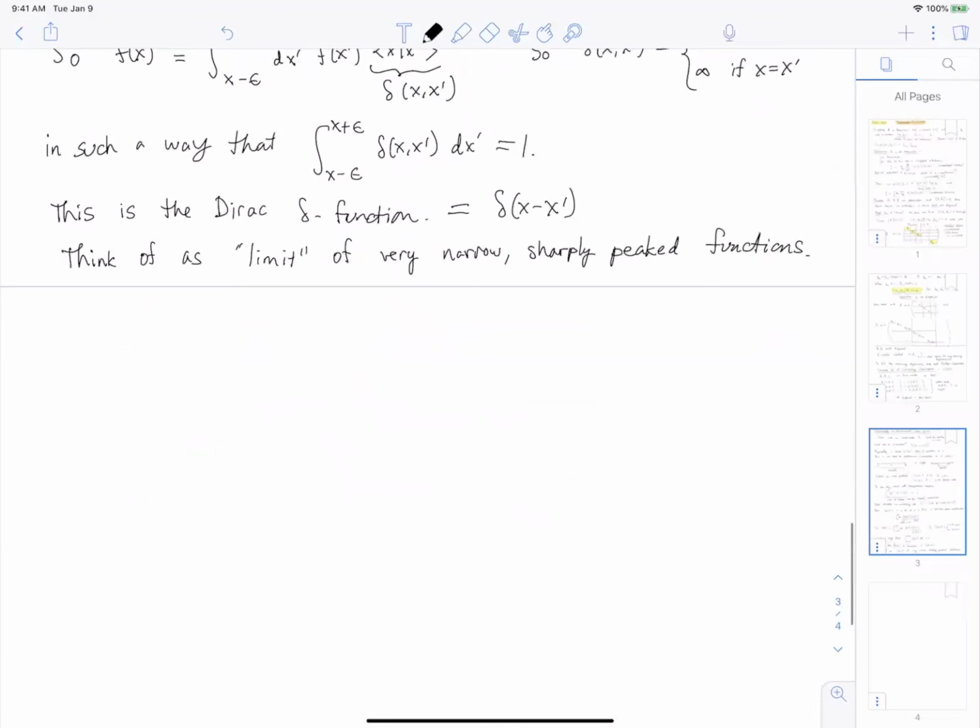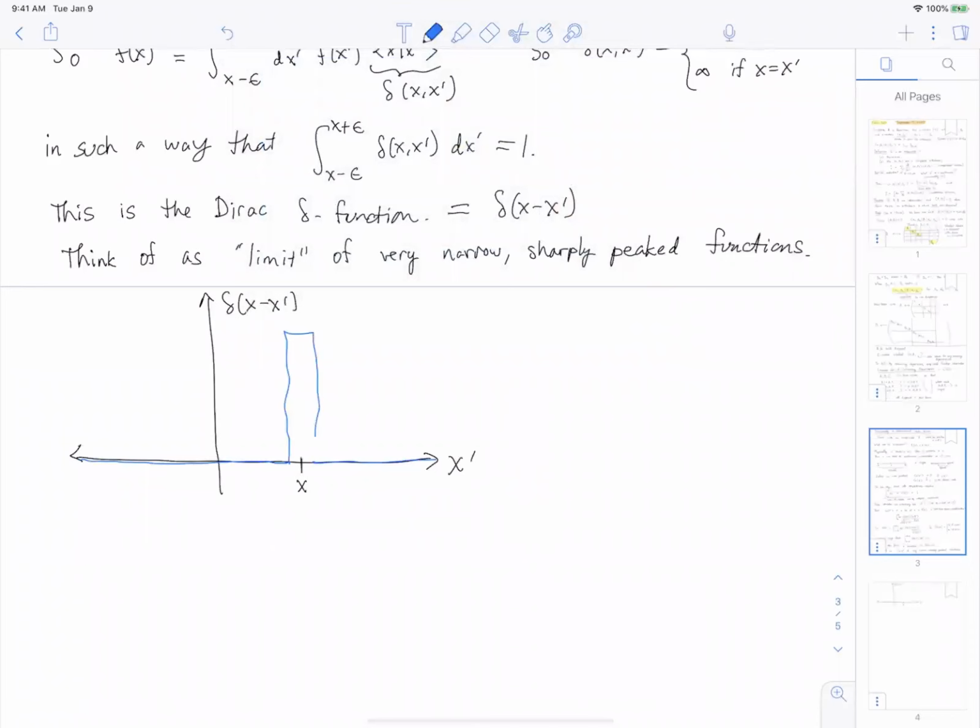I'm going to draw a sort of pseudo graph, as a function of x prime, of what delta of x minus x prime is. Here's the value x. This thing is 0 everywhere except near x equals x prime, and there it has this very sharp peak.